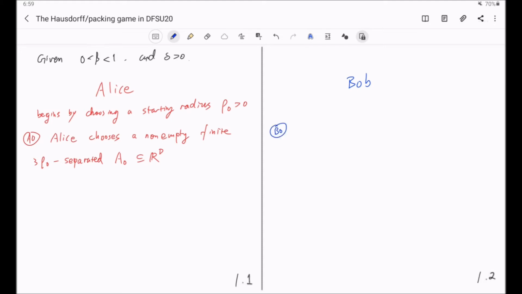Bob will respond by choosing a ball B naught that is centered at some x naught with radius rho naught, and x naught is chosen from A naught. Now let's draw a picture. Here are the points in A naught.